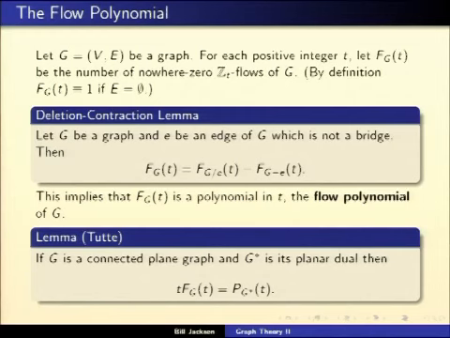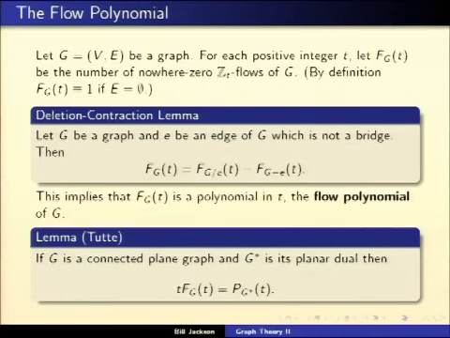And again, we have the deletion-contraction lemma. And for planar graphs, we have this thing which we've already discussed, that the number of proper t-vertex colorings of the dual is equal to t times the number of nowhere zero Z mod t flows in the original graph.